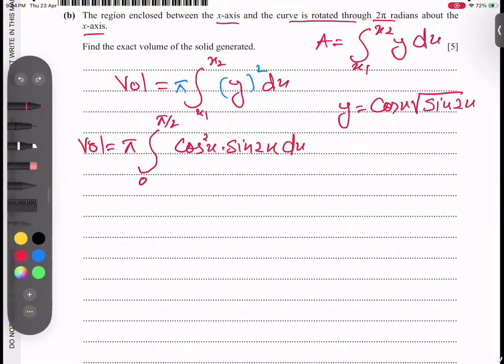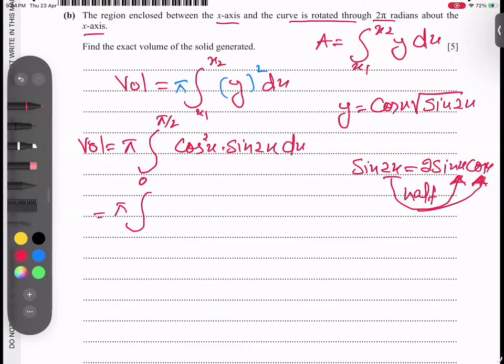So students, we remember one formula only: sine 2x is 2 sine x into cos x. Basically, this is the half angle here and the half angle here. Clear? So I'm going to apply this now.